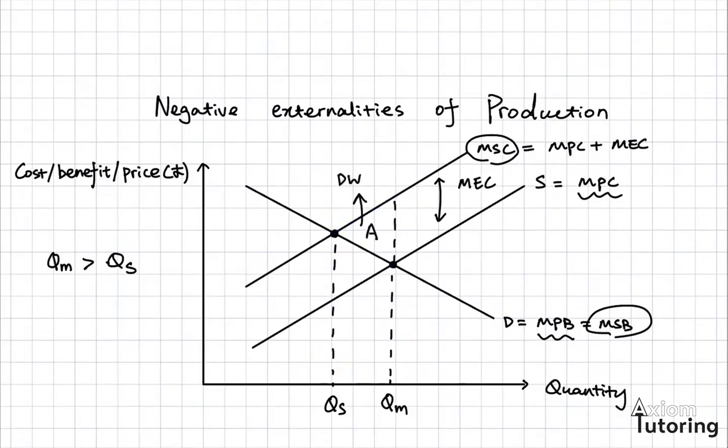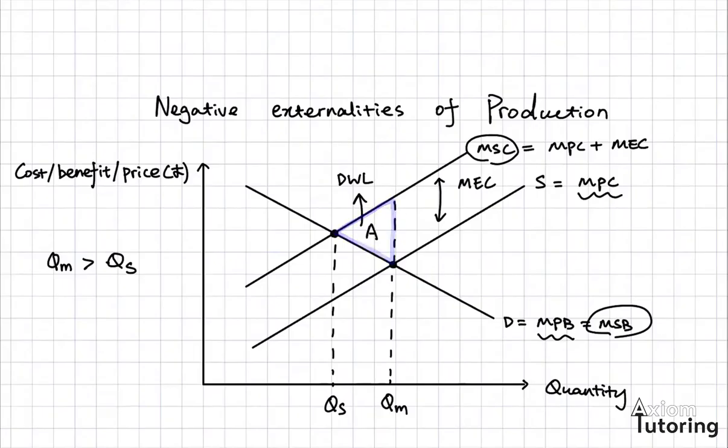So if we insist on overproducing beyond QS units to QM units, we are imposing a net loss on society that is equivalent to this area A. Or we can see this alternatively as if we are determined to reduce our production quantity from QM towards socially efficient quantity QS, we can actually gain a welfare area that is equivalent to area A, but we didn't.